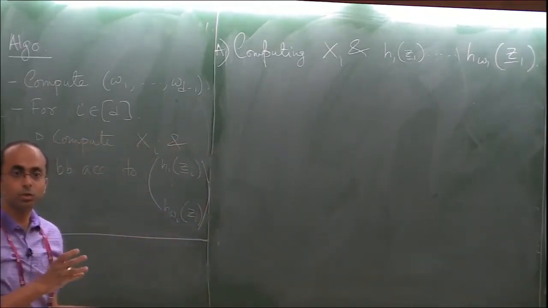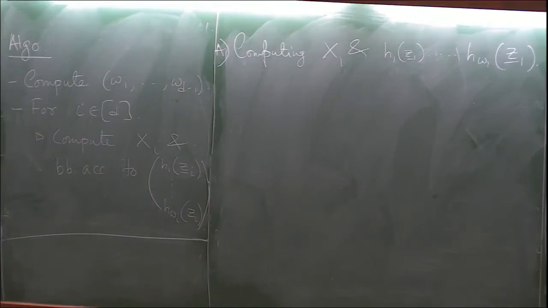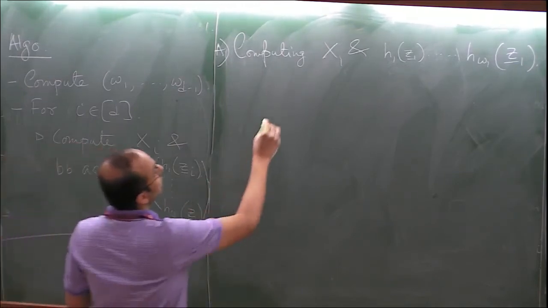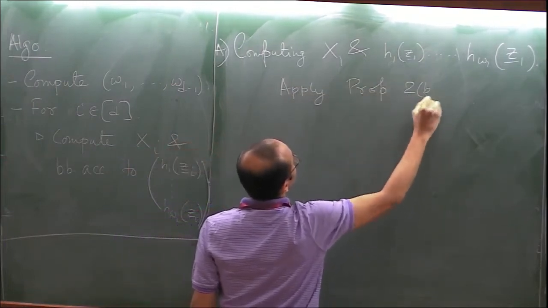This is just one application of proposition 2b, because you know that at this point f splits as some row times a column, and you're free to choose any row because it's unique up to an invertible linear transformation. So you apply proposition 2b, and you find a decomposition for f into g_i's and h_i's, and you take the g_i's to be your first matrix x_1, the row vector, and the h_i's to be these h_i's. Is it clear that it's just an application of proposition 2b?